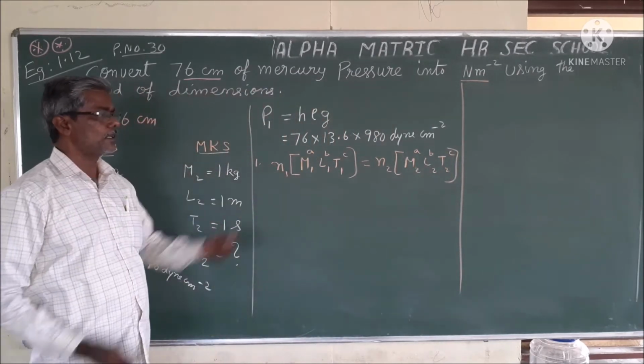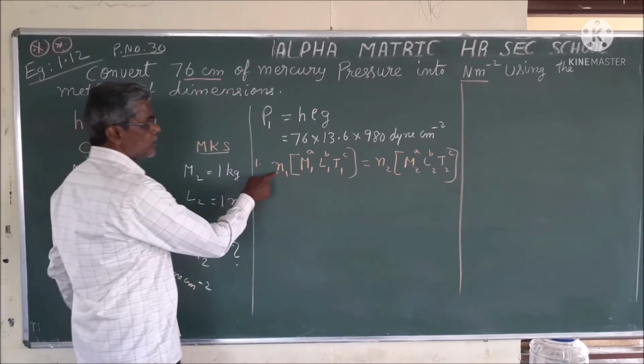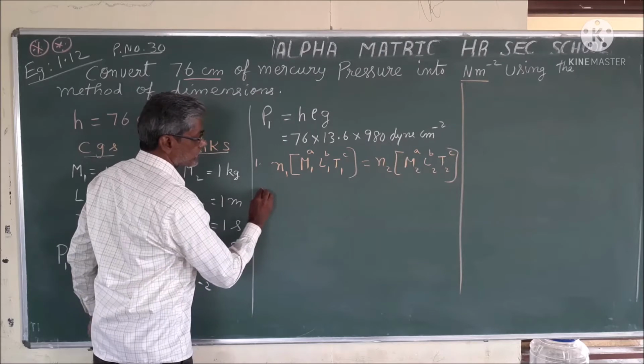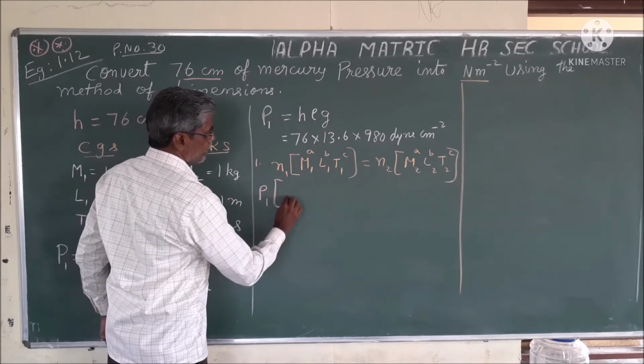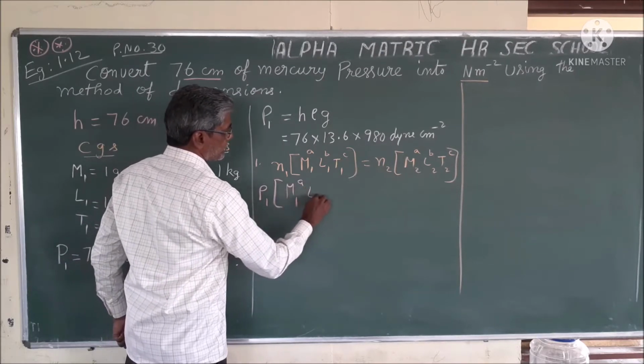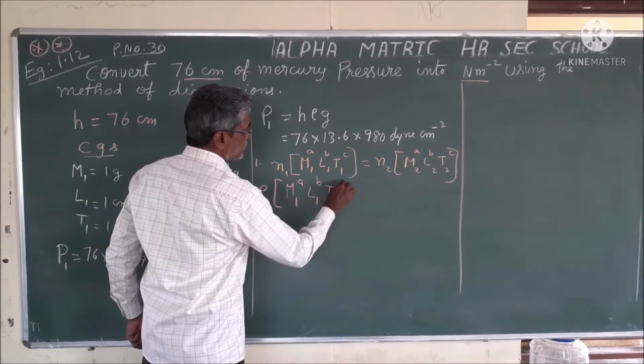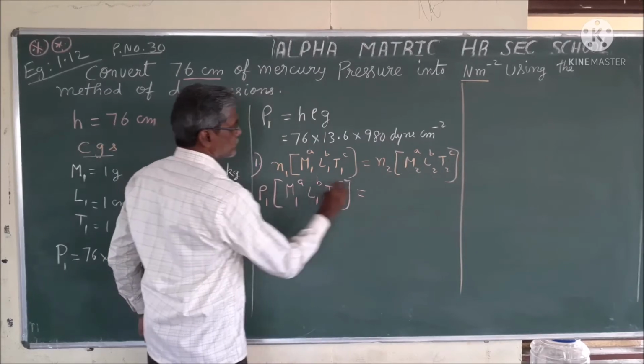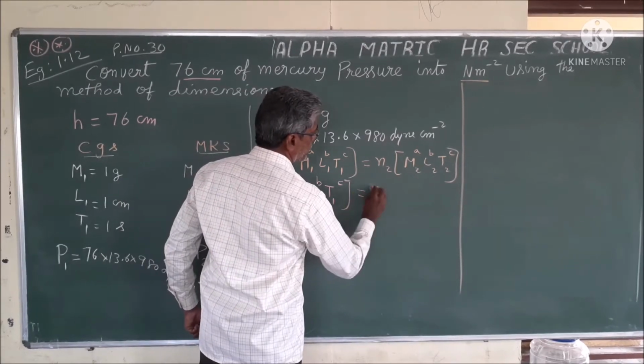This is the general formula. Now N1 is nothing but the numerical value, so pressure P1 [M1]^a [L1]^b [T1]^c is equal to P2 [M2]^a [L2]^b [T2]^c.